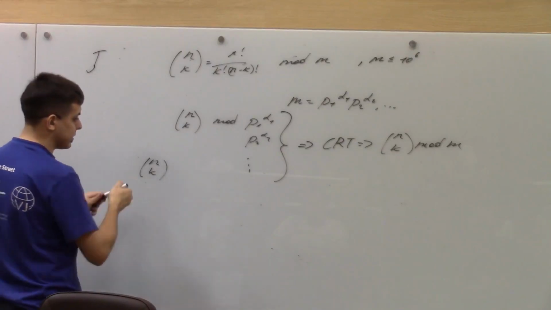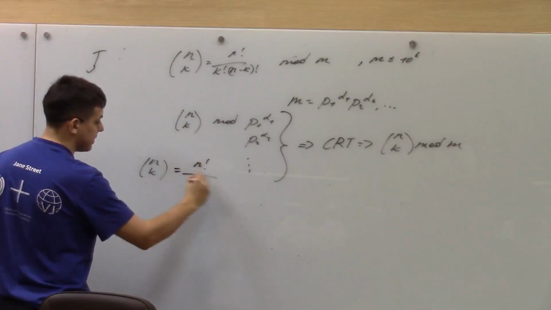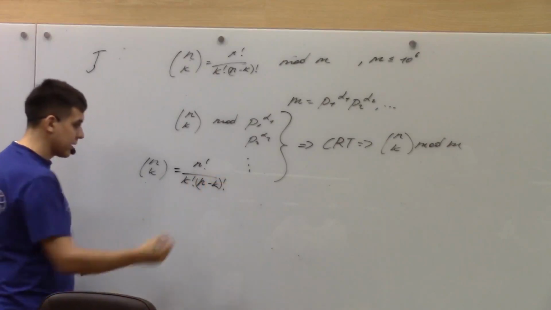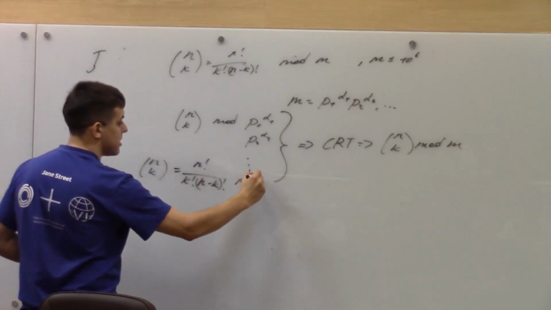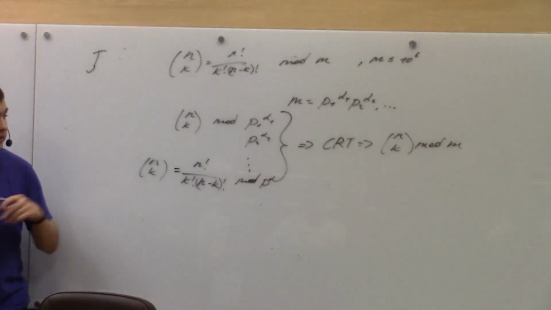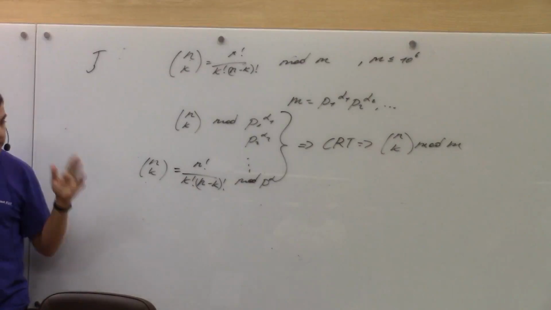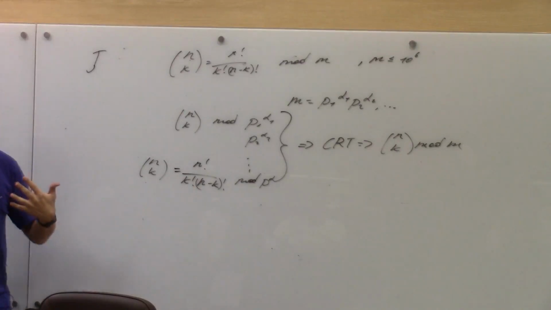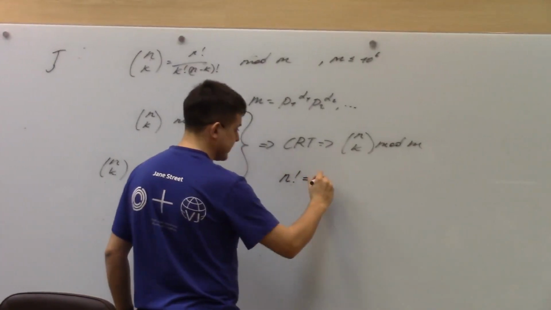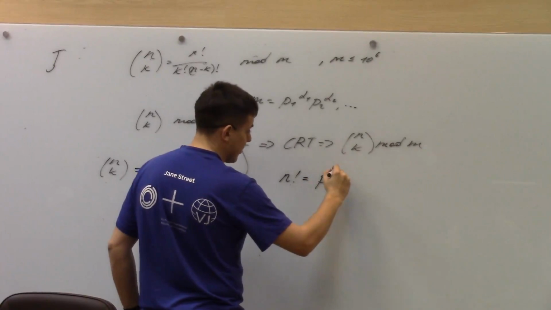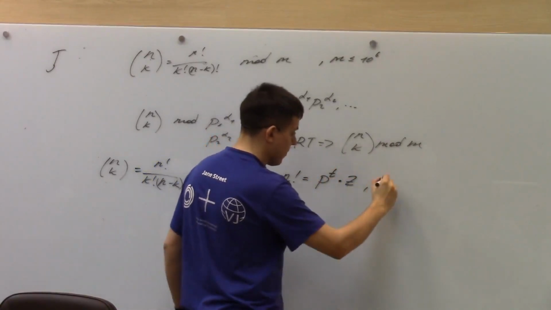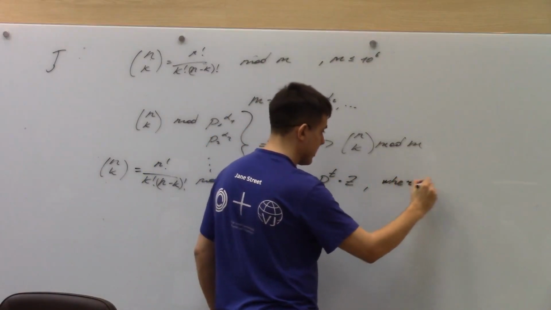So I'd like to calculate n factorial divided by k factorial times (n minus k) factorial mod p to the alpha. Okay, so I need to solve this problem, and to do that, first I will try to represent n factorial as p to the power of t times z, where t is max.